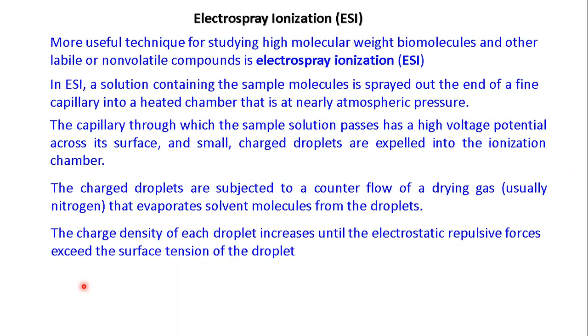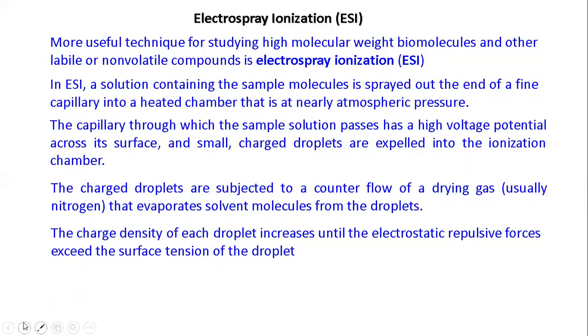At a certain point, the charged molecules will have so much repulsion inside that the surface tension of this droplet will fall short. Your repulsive force exceeds the surface tension, and that breaks down the droplet into different small droplets.